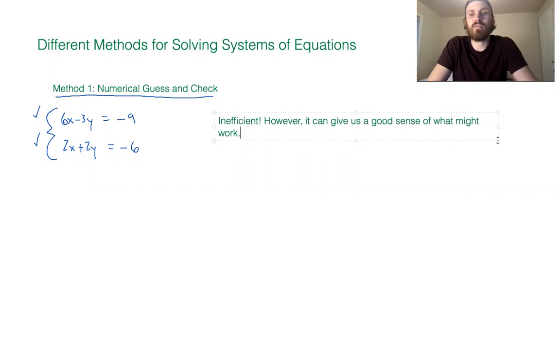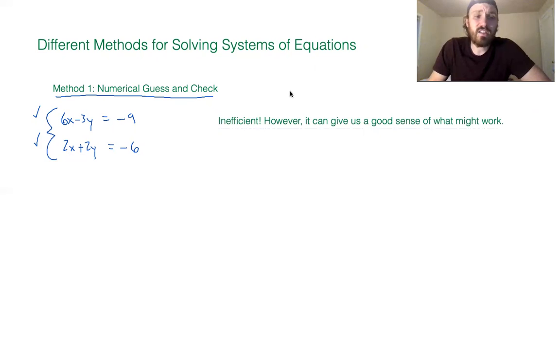I also think using numbers like this can be helpful to get a sense for writing equations. A lot of times if I'm given a word problem, I want to write down some numbers and then go to the algebra. But since the algebra is already here, this is probably going to be inefficient.